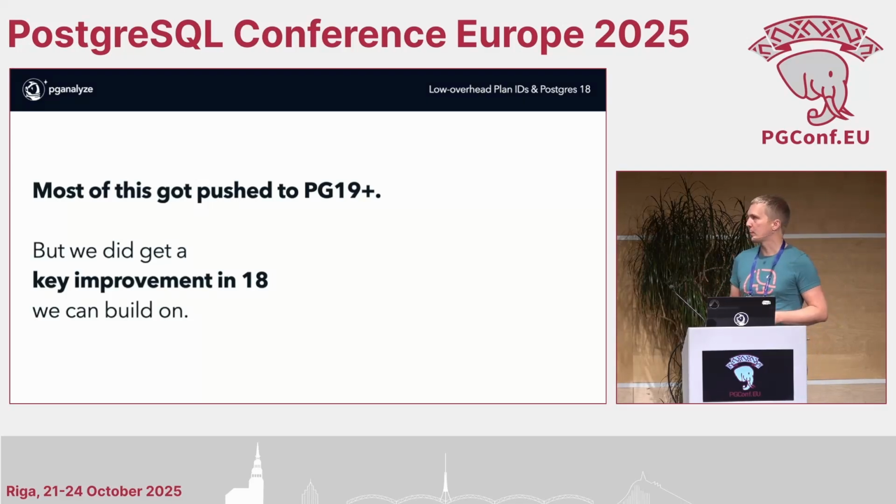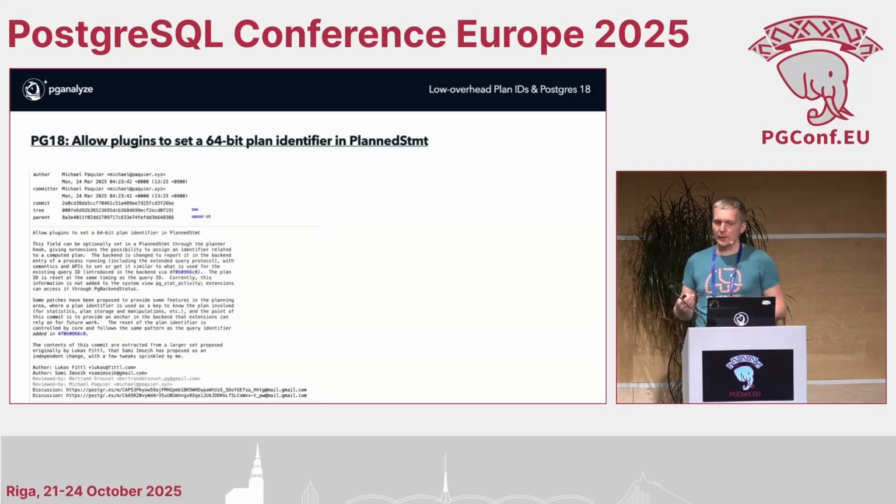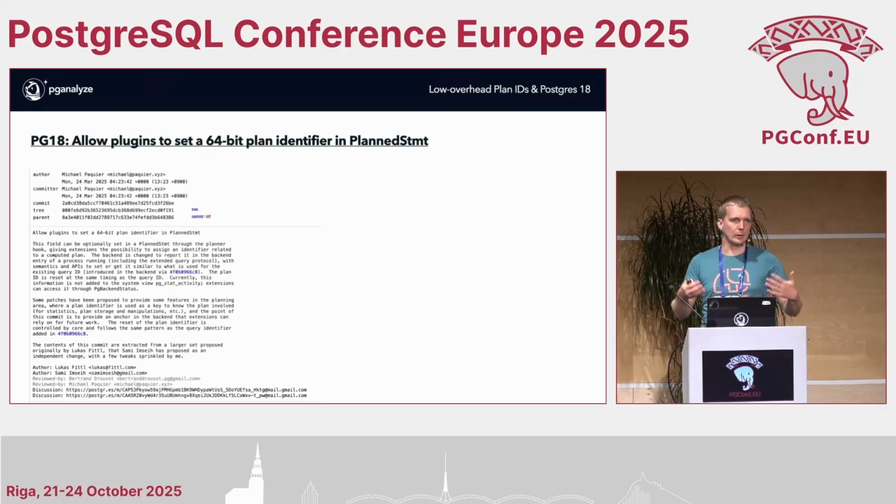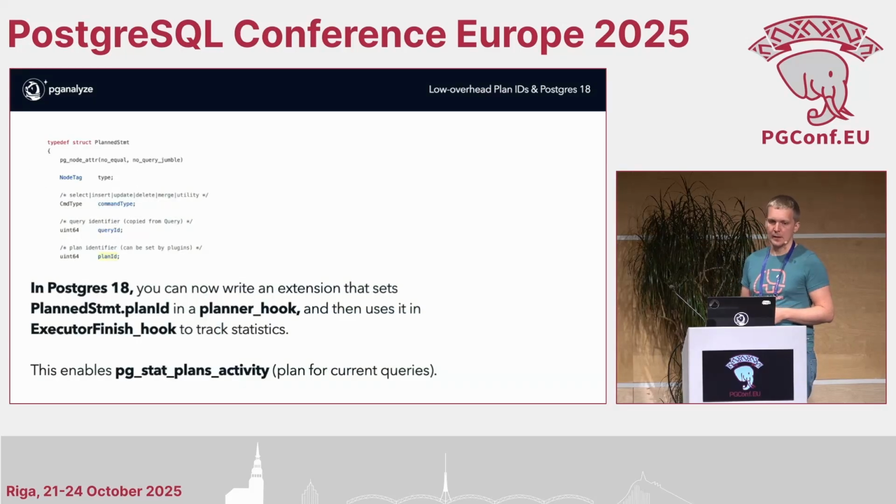But we did get a key improvement in 18 that we can build on, and we being extension authors, really, which is the ability to set a plan identifier, or plan ID, on the plan statement struct, right? Plan statement is kind of the output of the planner. Plan statement now has, in addition to the query ID that it already had before from the query struct, that plan ID.